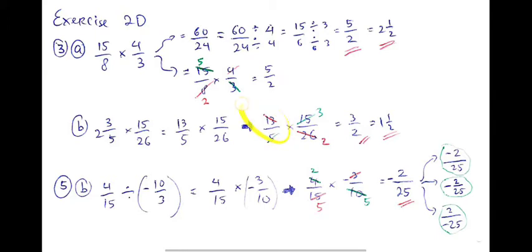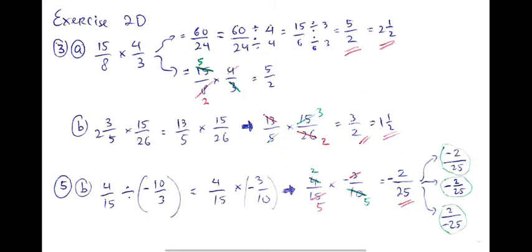So 13 and 26 can be cancelled out, and you have 2 at the bottom, and 5 and 15 also. Notice that I use different colors, red and green for them. So 3 over 2. Now imagine if you had to multiply this first and then multiply this and then you must divide them. You're going to deal with bigger numbers, so it's kind of troublesome. So just cancel first, simplify first.